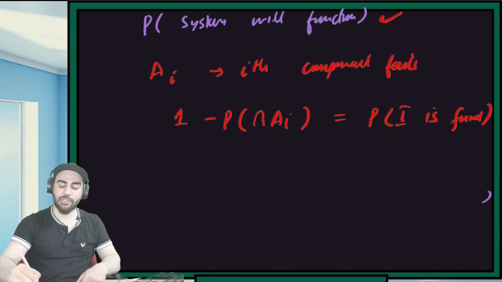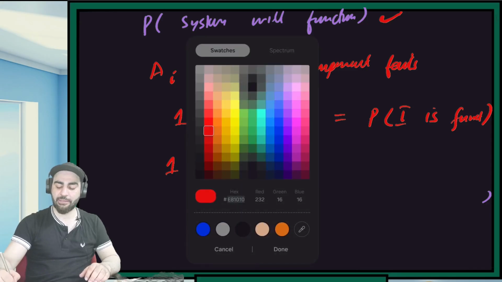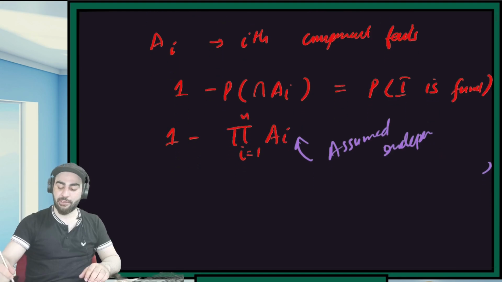So how to compute this now? This is 1 minus the product, where i goes from 1 to n. Why? Because here we have assumed independence, that each component is independent of others. Now you can compute it as 1 minus the product of (1 minus pi), i from 1 to n.